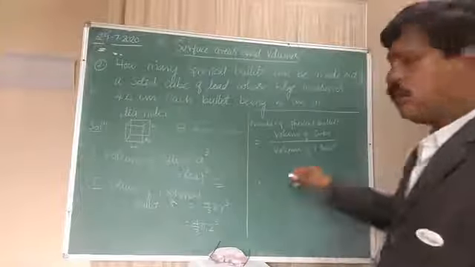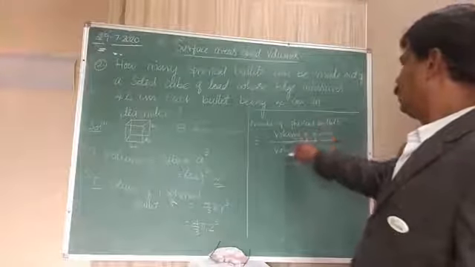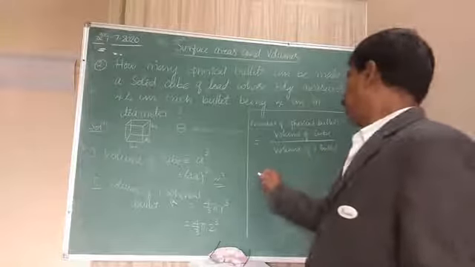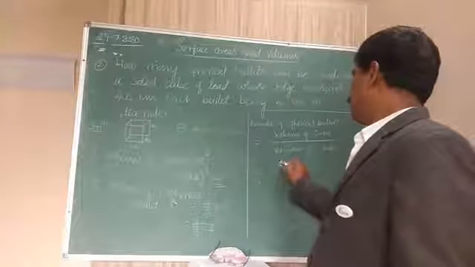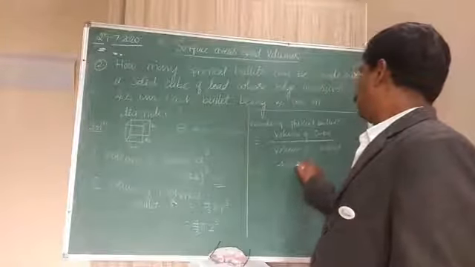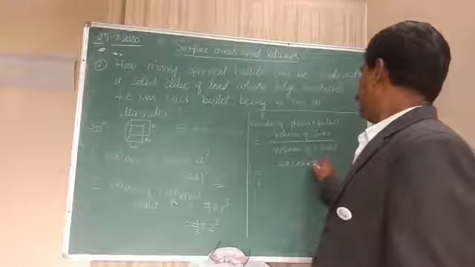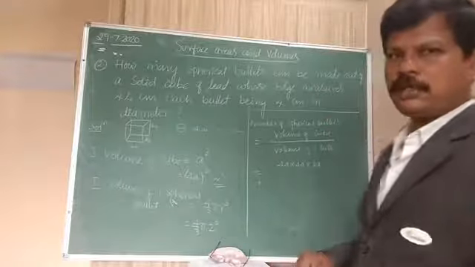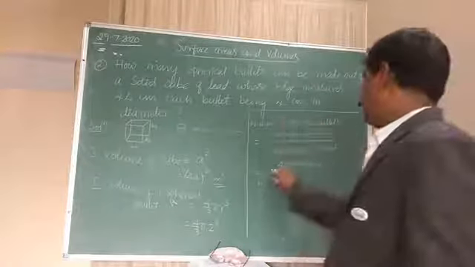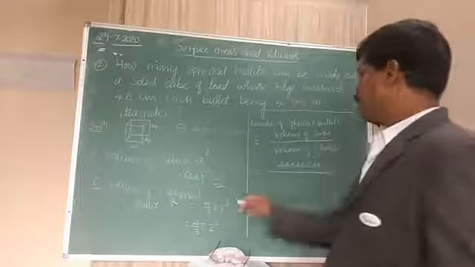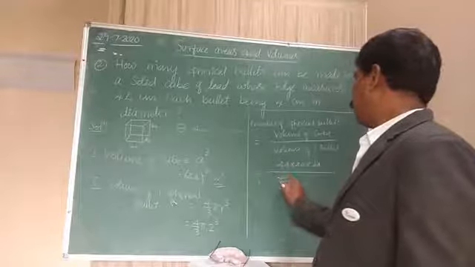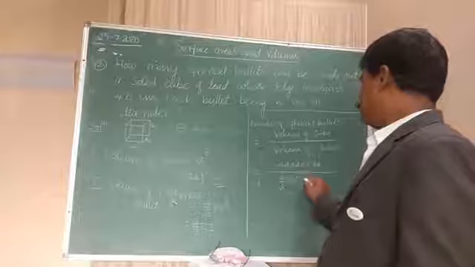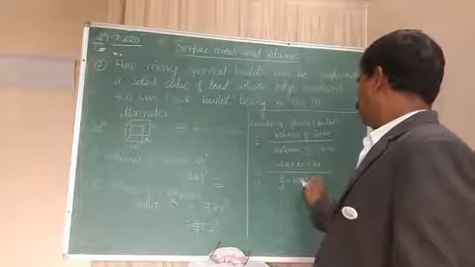Clear? Volume of cube divided by volume of one bullet. Now what is the volume of cube? 44 into 44 into 44. This is 44 cube, so I have written that 3 times. Then here is 4 by 3 into pi into 2 cube.